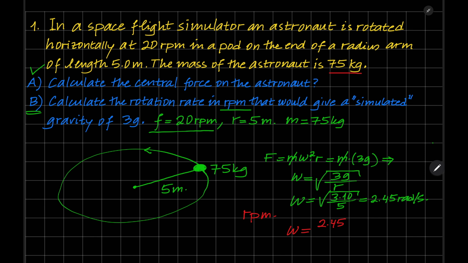Since one revolution is 2 pi, we are going to divide by 2 pi. And 1 minute is 60 seconds, so we need to multiply by 60. Then it will be equal to 23.4 revolutions per minute. That's the answer.